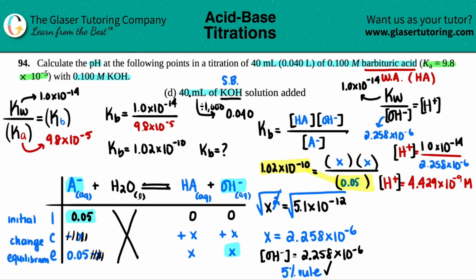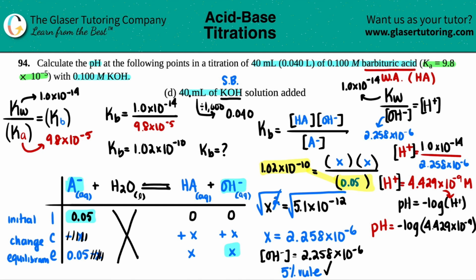Now, how do I go from an H plus to a pH? That formula is pH equals negative log of the H plus concentration, right? Just plug in that number that we found in here. So pH equals the negative log of the 4.429 times 10 to the negative ninth.